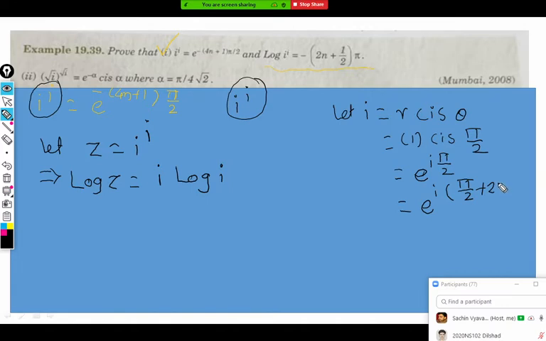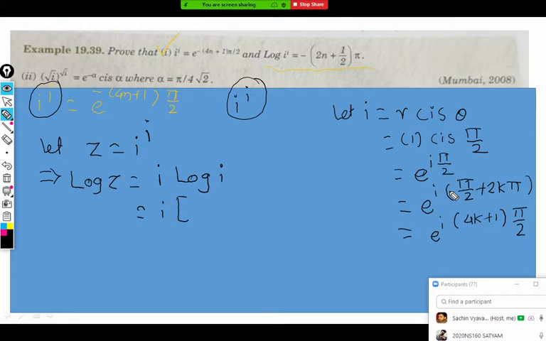The choice is yours. I will write 2k pi because we generally prefer k as the integer. So e raised to i (4k plus 1) into pi by 2. I hope it's clear. So what will be the value of capital Log of iota? I want the log of that iota. Can anyone tell me directly? This is the rough work that you also have to show in the exam. Don't think this is completely rough work. This is side work and you should write it in the exam.